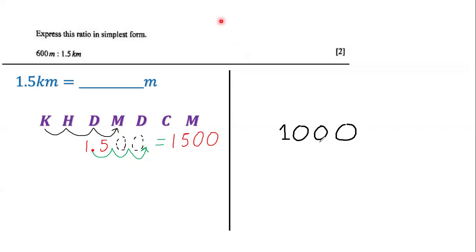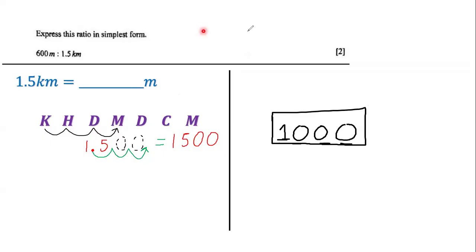You always put the 1 first, and for every time you move over, you put a 0. Since we move over 3 times, we're gonna have 1,000. If we move over 4 times, you're looking at 10,000, not 1,000. That makes sense? Yes, sir. Okay, good.